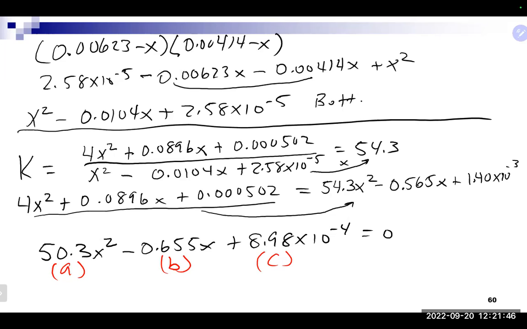Going that way, we're going to subtract that, so that's negative. So we're going to take 0.565 and add it to 0.0896. You should get something like 0.6545. Because this is negative, that should become negative. So basically we're adding those two numbers together when we take it to the other side. Other questions?